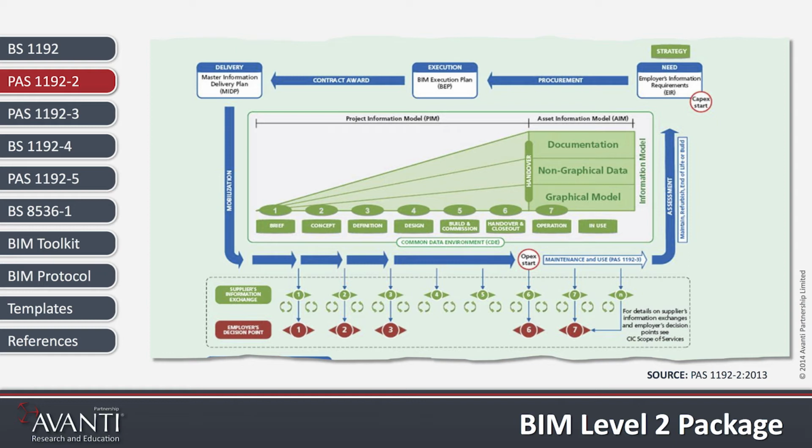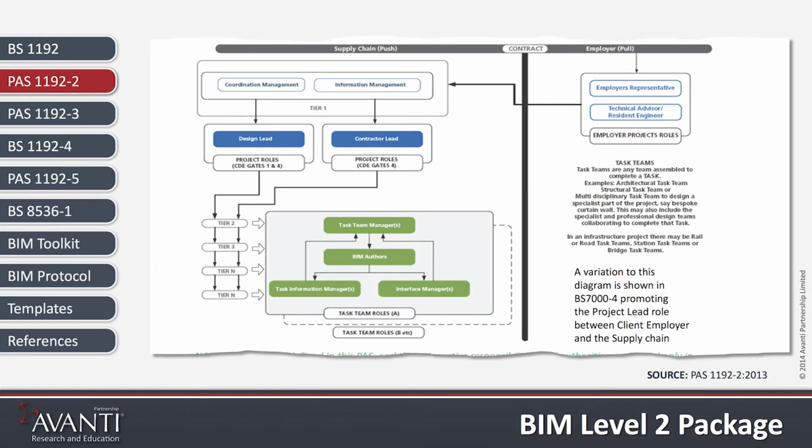Under PAS 1192 Part 3, from the OpEx start to the CapEx portion of the diagram, is a full life cycle activity. It also shows the task teams, the structure and roles and responsibilities for those teams. So not just how we procure them, but how we see them being set up and how they can interact and manage the programs much better.